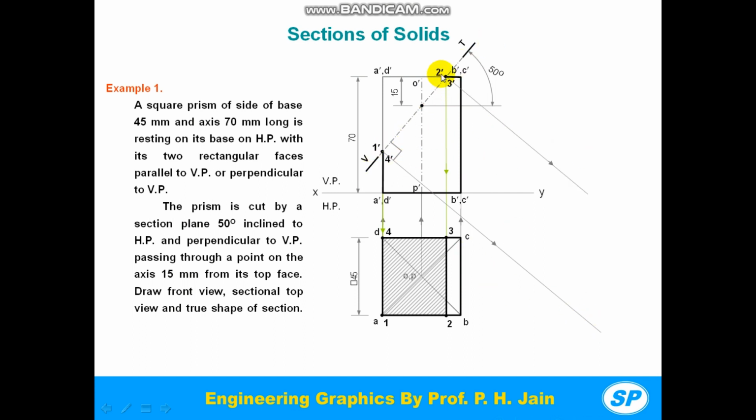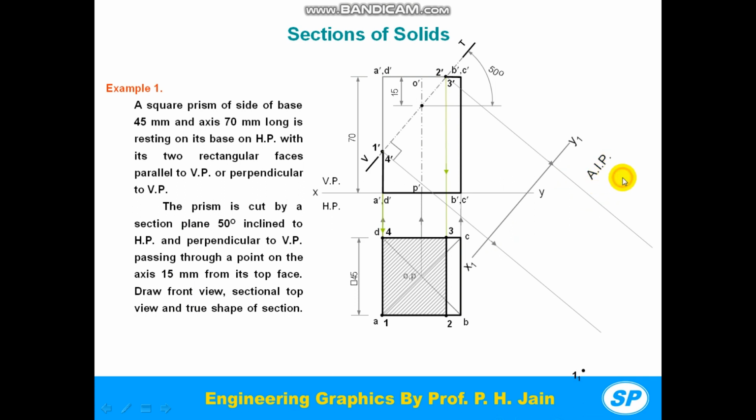Similarly, through this point, draw a projection. Now, let's draw the x1 y1 line to create the AIP, auxiliary inclined plane. The x1 y1 line is parallel to VT. You can draw it at any convenient distance.